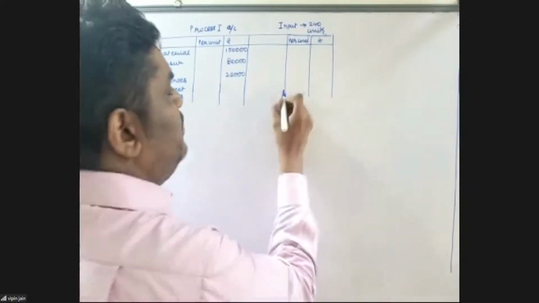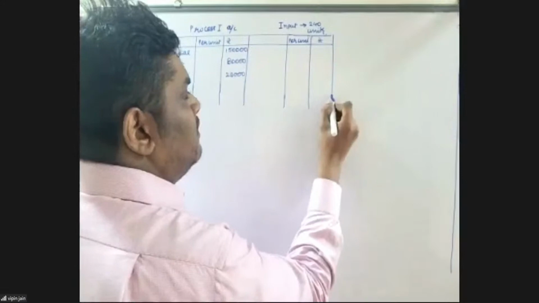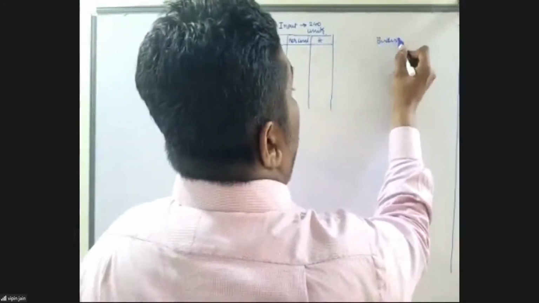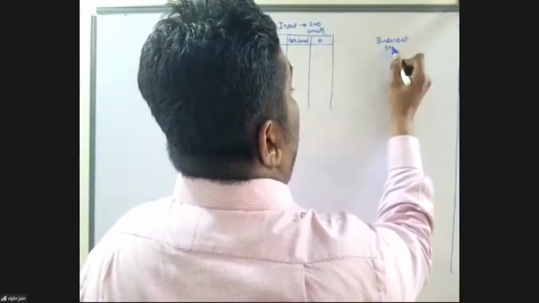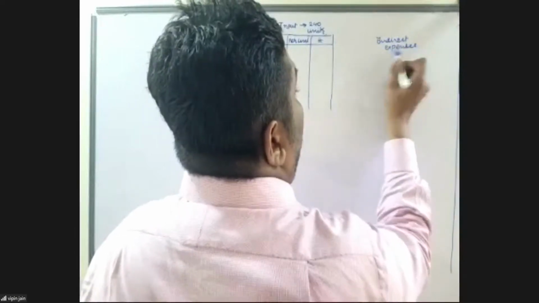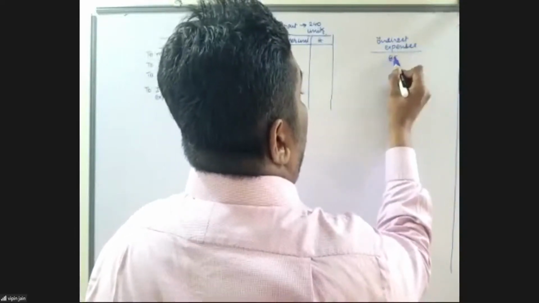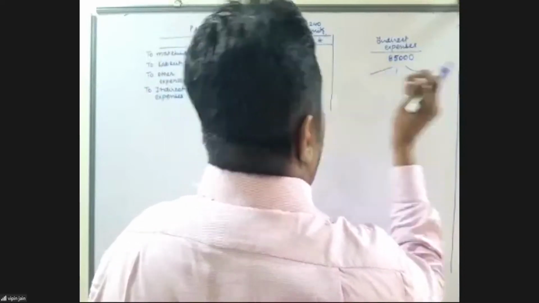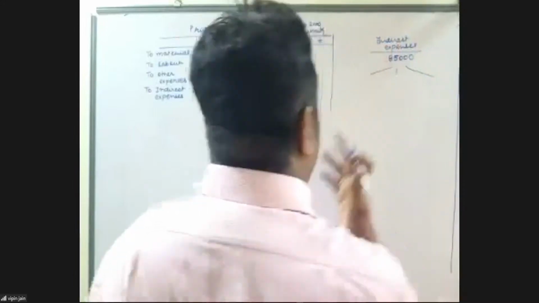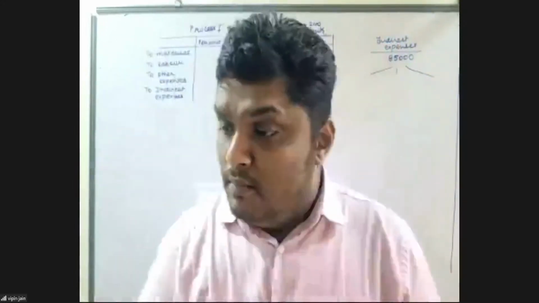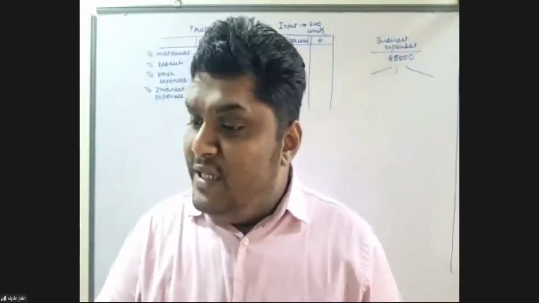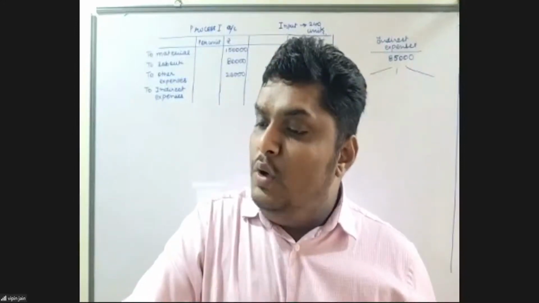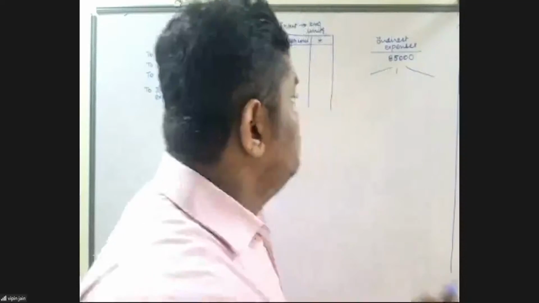It is to be distributed in the ratio of wages. When talking about the wages paid, the ratio of wages paid is 80,000 is to 2 lakh is to 60,000.